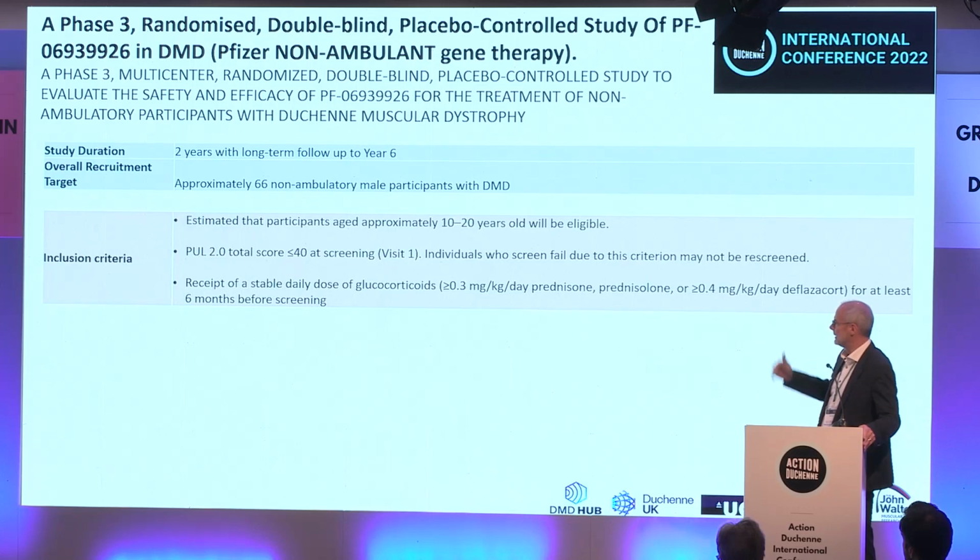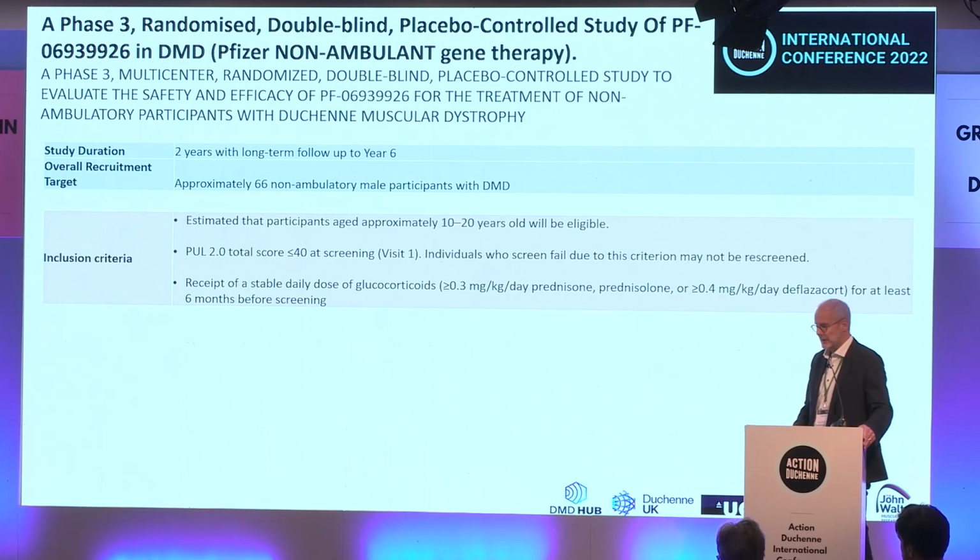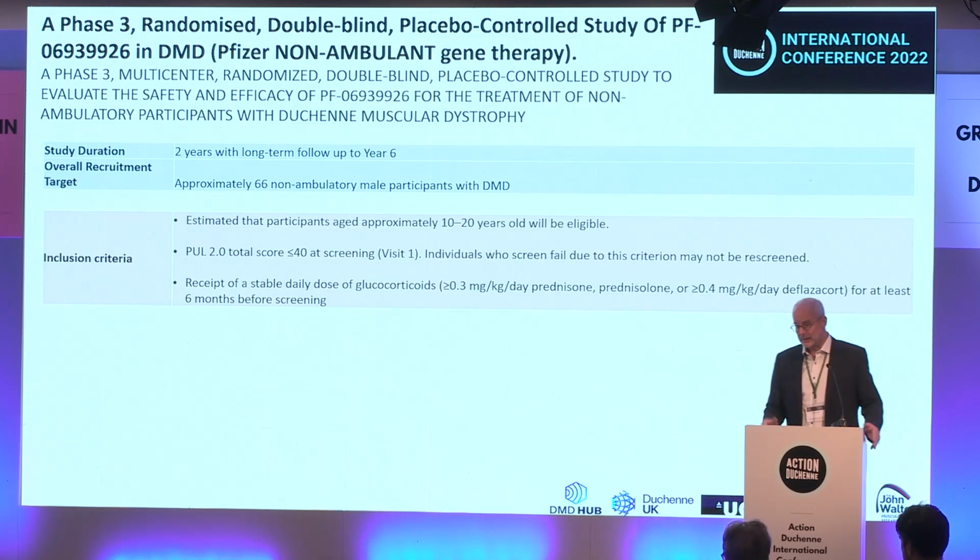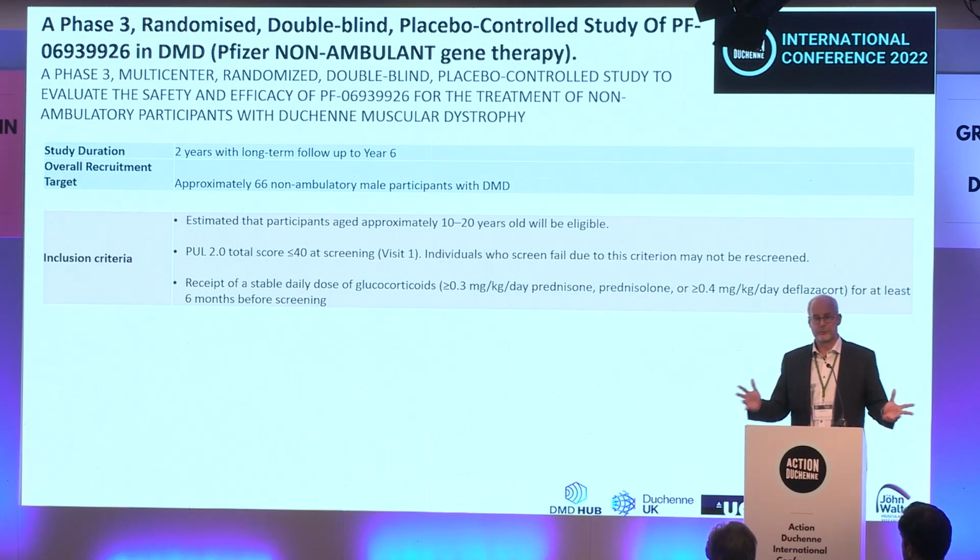And again, the assessment will also include particularly assessment of the upper limb. So I think this is fantastic to see that broad spectrum of disease severity is going to be addressed in these future trials, and future means when they come to the UK.